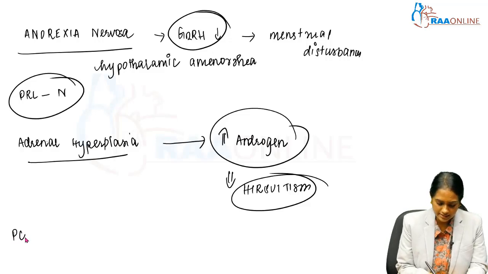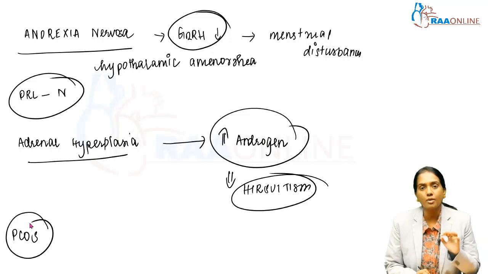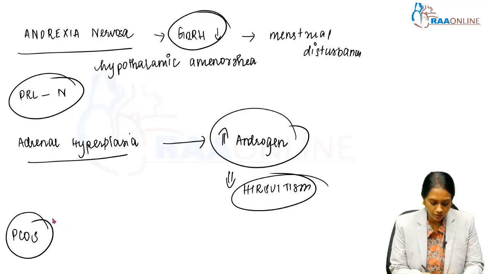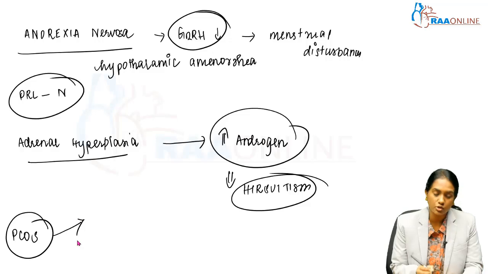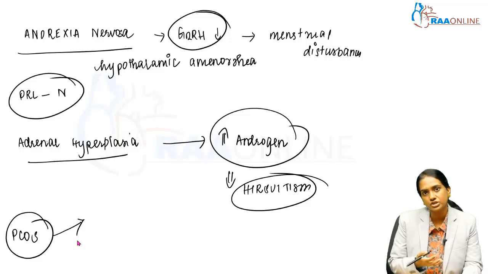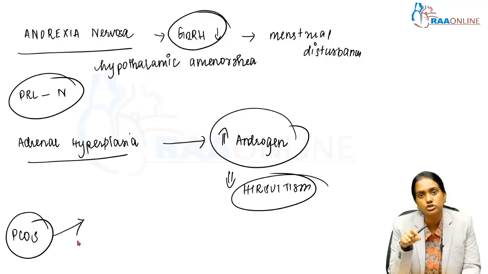The next option is PCOS. PCOS is a complex spectrum, but if PCOS is there, there would be some morphology on ultrasound, or she might also have certain features of hirsutism. Since these two criteria have been ruled out, PCOS will not be the correct diagnosis here.